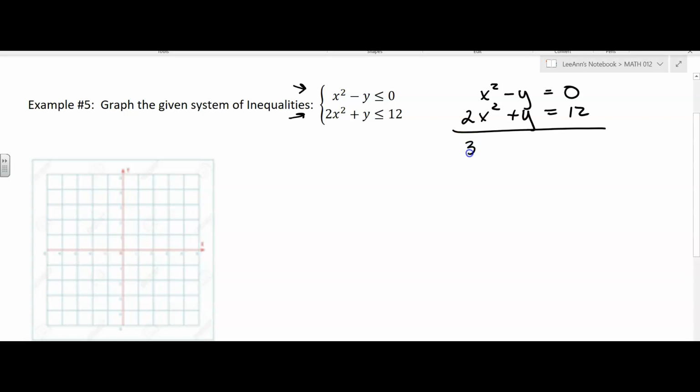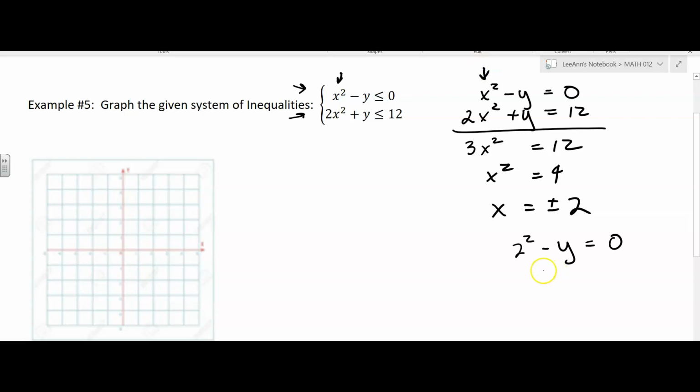Okay, so we add the equations. We get 3x squared equals 12, x squared equals 4, x equals plus or minus 2. That's just some algebra there that you can work on. If you plug in 2 into the top equation, you'd have 2 squared minus y equals 0. I'm sorry, I'm doing the equation over here.